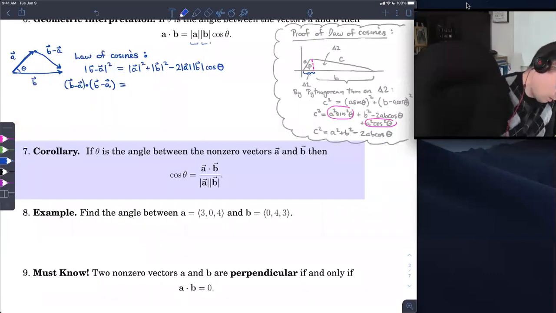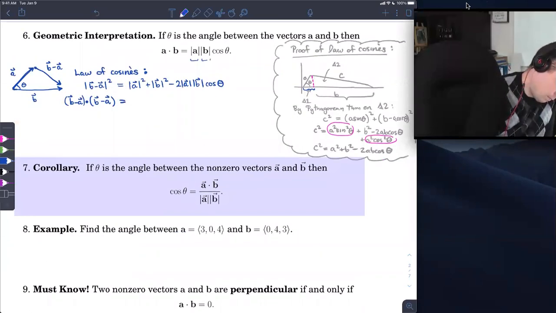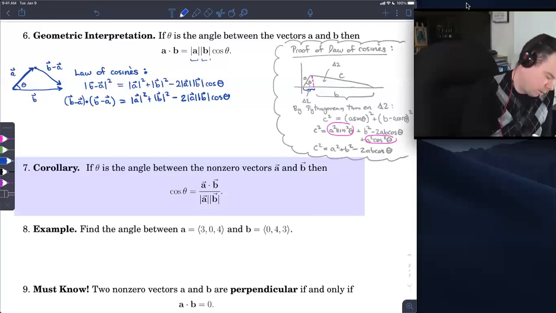Then here we've got our magnitude of a squared plus our magnitude of b squared minus 2ab cos theta. And now with the dot product, I'll use the distributive property. I can distribute the b minus a over the one on the left.